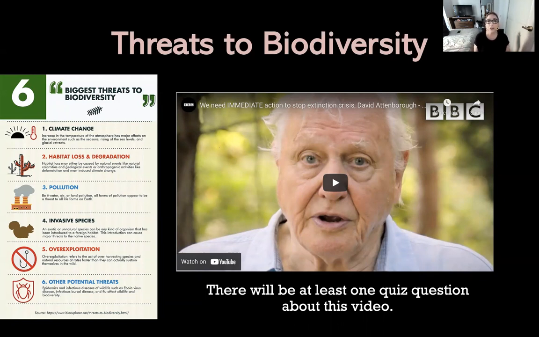Habitat loss and degradation. The major cause of habitat loss is urban development. Now, we call it urban sprawl, and to get an idea of what urban sprawl is, all you have to do is drive around the Phoenix area. What is it called? Anthem. Anthem is a huge example of urban sprawl, and a lot of environmentalists tried to prevent this development from being undertaken or completed because it is destroying natural desert.